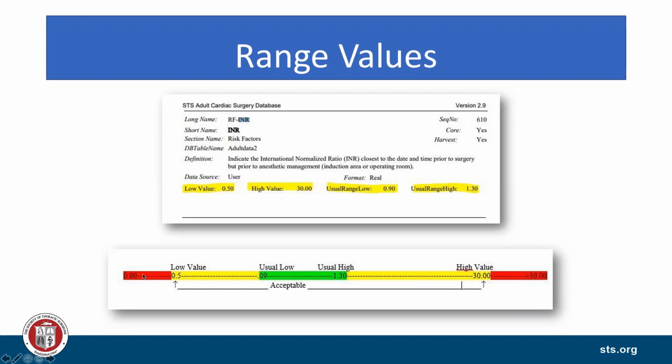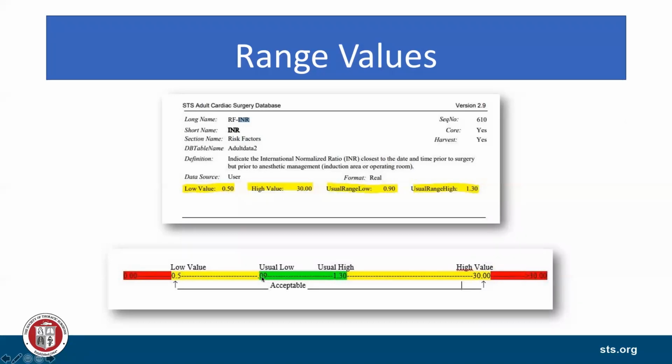You can see that anything below the low value is not allowed. Anything above the high value is not allowed. The yellow and green within this is allowed into the database. It will show a warning on your data collection, but it will not exclude that data from going into analysis.